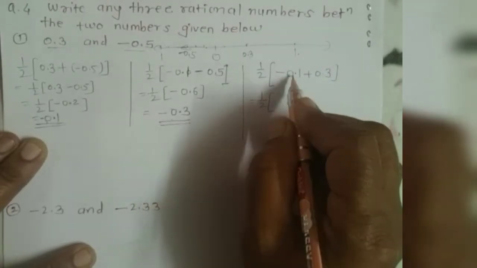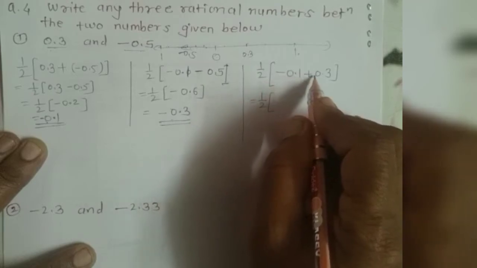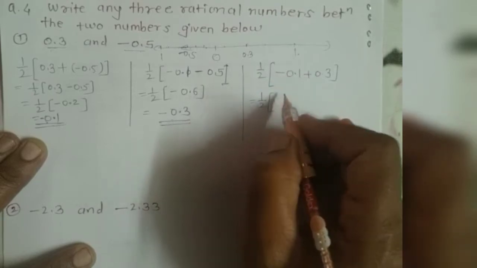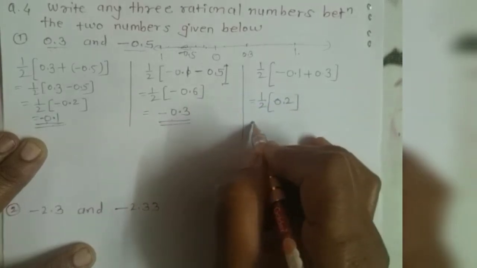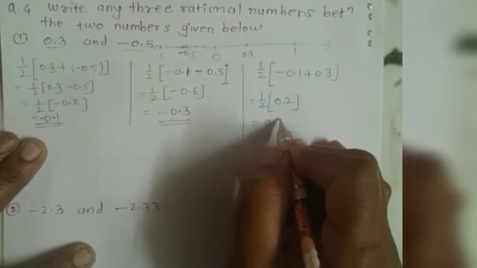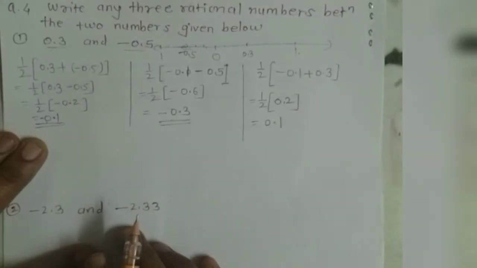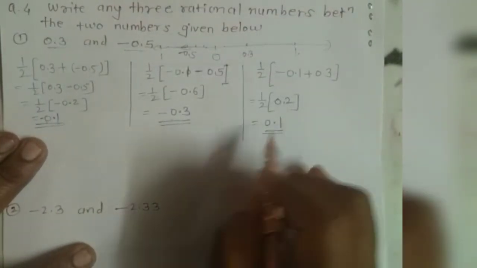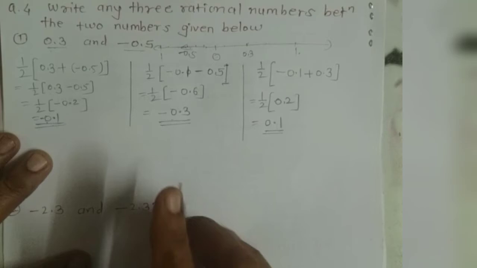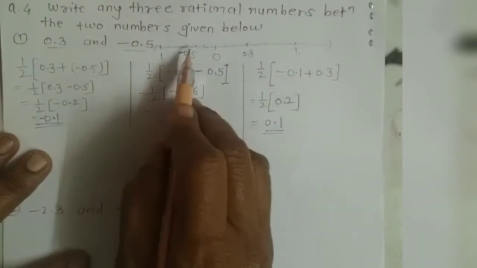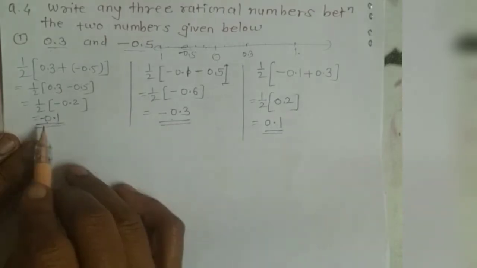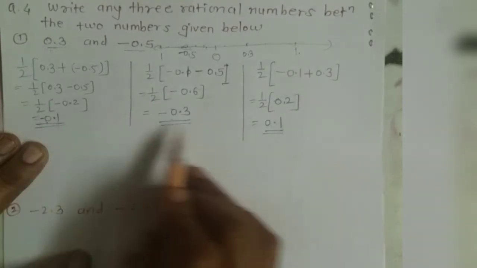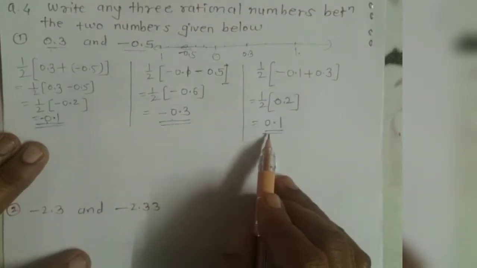By solving this, negative 0.1 plus 0.3, the algebraic addition will be 0.2. Dividing by 2, we get 0.1. This is the third rational number between these two. From left to right, we get negative 0.3, after that negative 0.1 and 0.1.